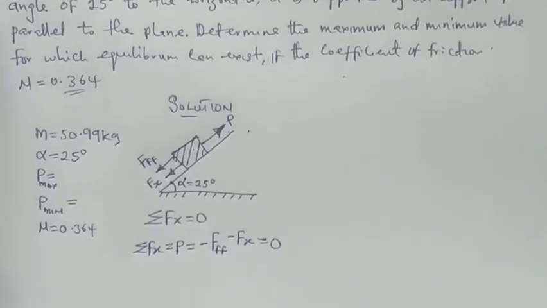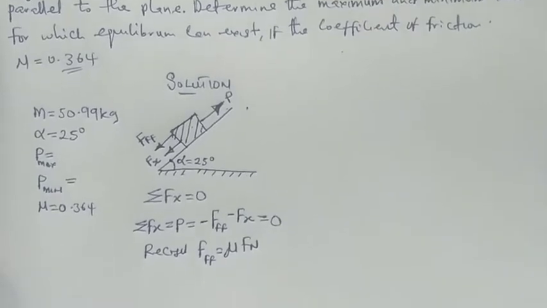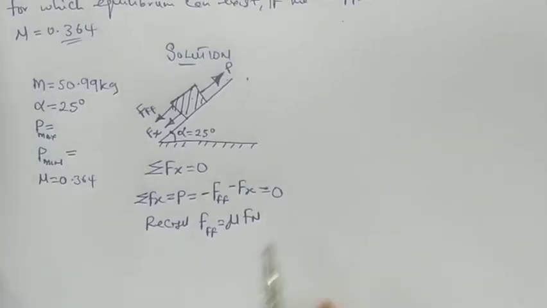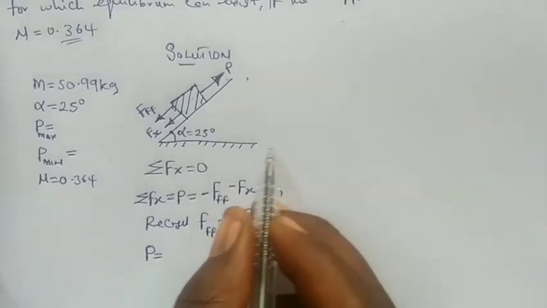We are moving forward. Recall, Ff, frictional force, is equal to mu Fn. That is the coefficient of friction times the normal force. Now, we continue moving. So if I'm to write that, my P will now give me, all this will come to this point here.